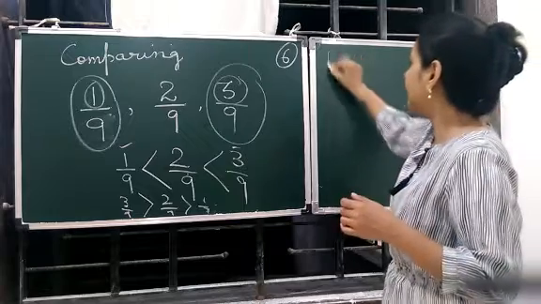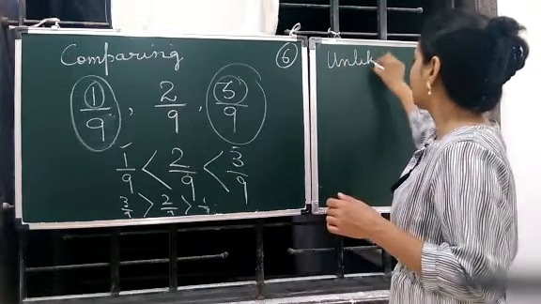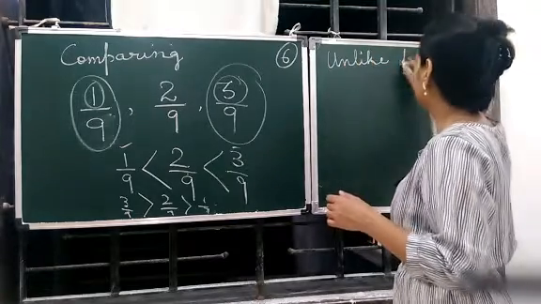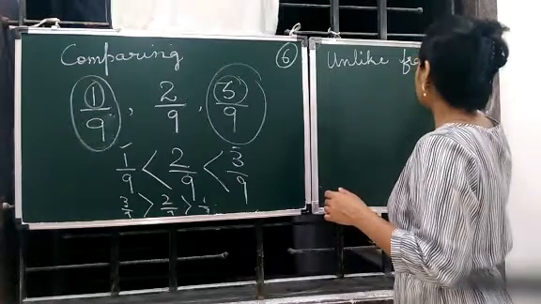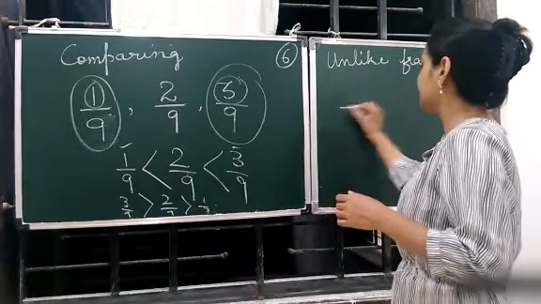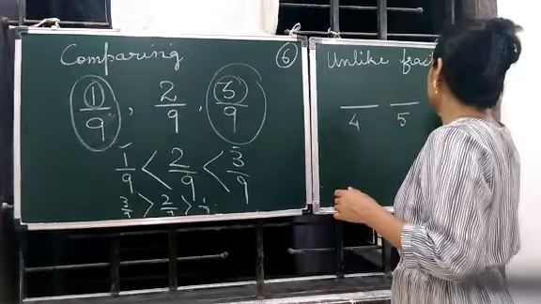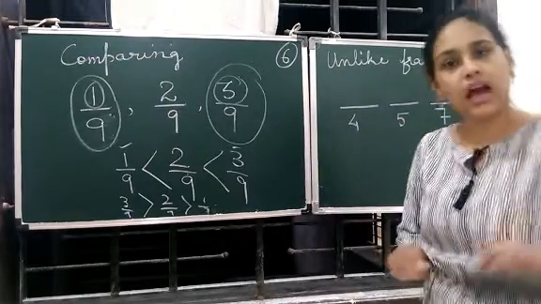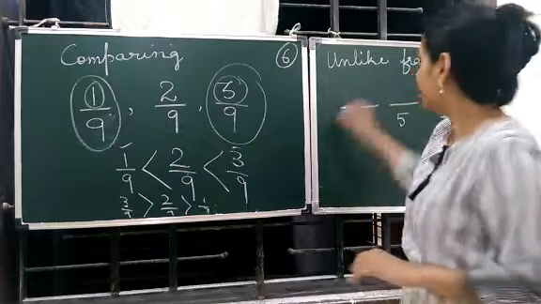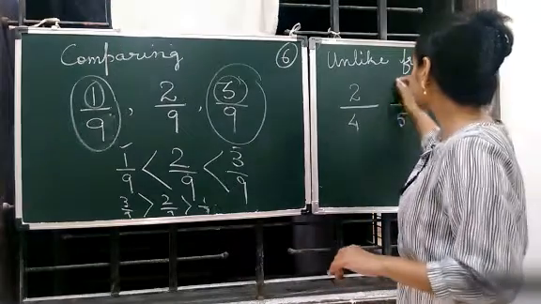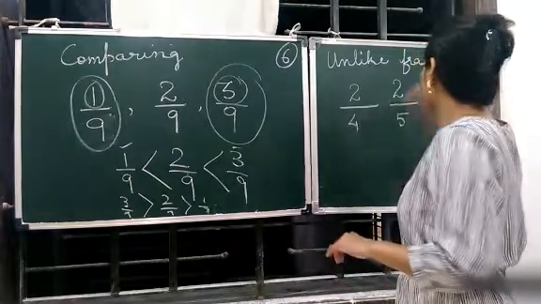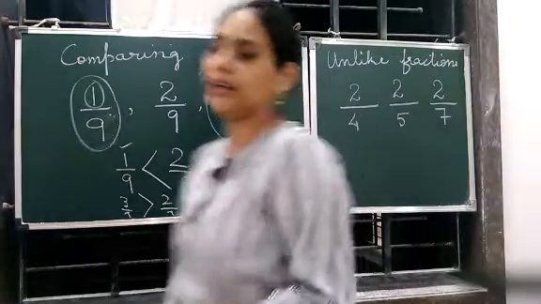Now when we are comparing unlike fractions, that means denominators are different. Okay. Now if I write like this, still are they unlike?